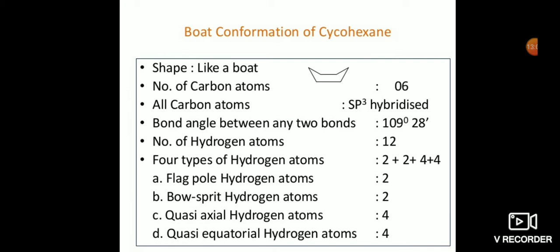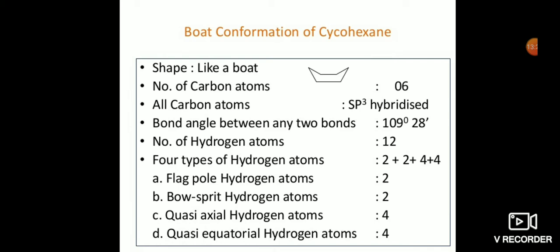Number of hydrogen atoms total 12 in both conformation also, same like chair conformation. The original structure is the same, cyclohexane, so that's why there are mainly 6 carbon atoms and 12 hydrogen atoms, but all hydrogen atoms are not the same.